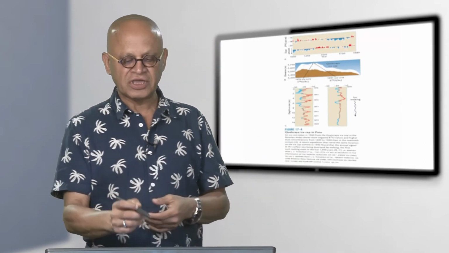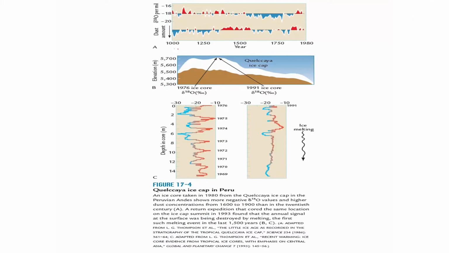So let's start with evidence of what is happening. Here we are looking at an ice cap from the Andes, showing the delta O18 in parts per mil, or parts per thousand, and the related dust amounts. Obviously, when the delta O18 is decreasing, it is getting warmer, and the dust is decreasing.